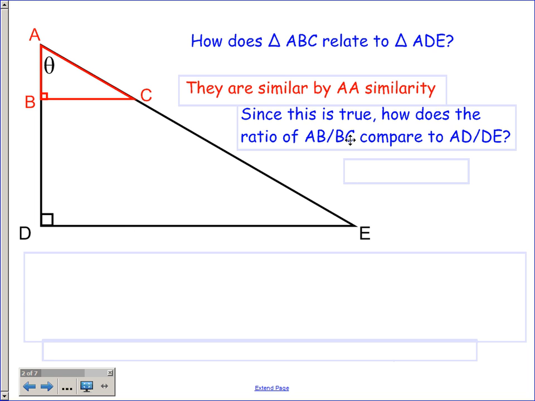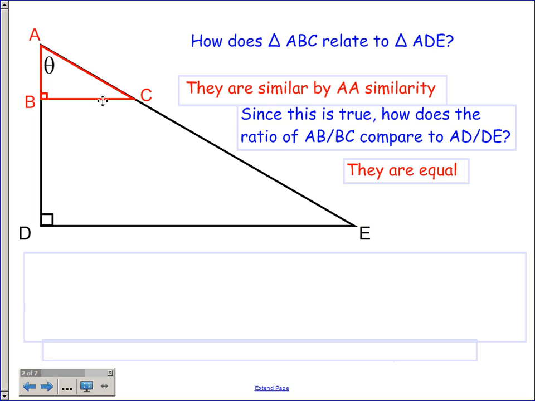So I've got a comparison of two corresponding fractions in similar triangles, which means those are equal ratios. And that could also be true for AB over AC, BC over AC, or any combination of those two different sides.